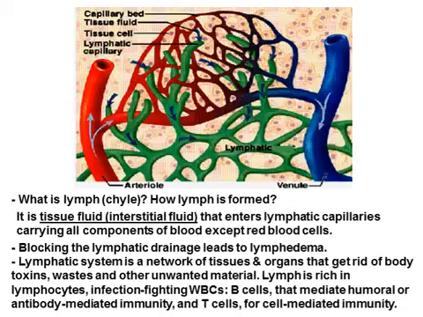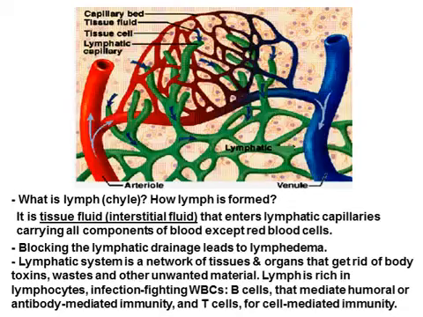This fluid, which is also called the lymph, is entering the lymphatic capillary, and from the lymphatic capillary it will go to the lymphatic vessels and run in the lymphatic system. So if you'd like to know what is lymph or chyle, it's another name for lymph, it's called chyle. Lymph is tissue fluid.